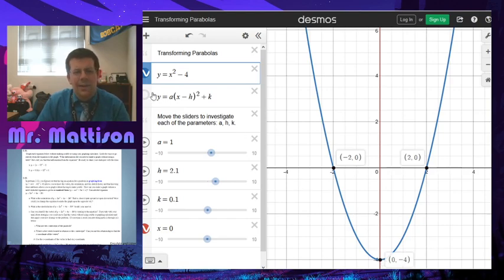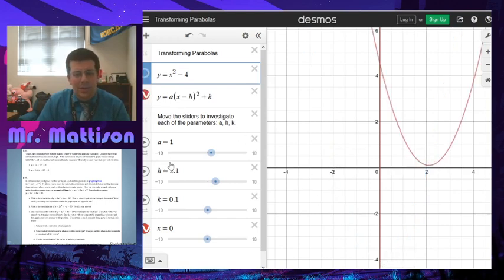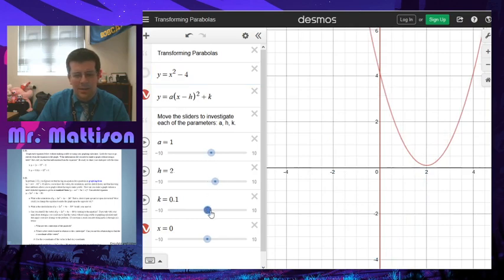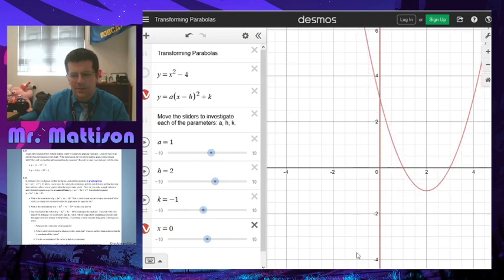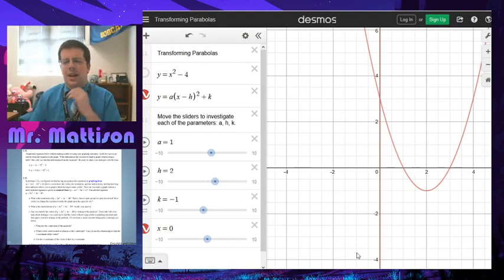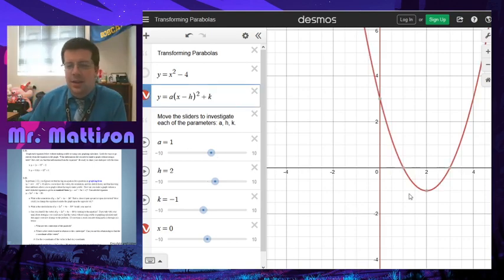Now if I have one that's at a different point, like, let's say it's over here. Okay, so here I'm seeing I have intercepts at 1 and 3.